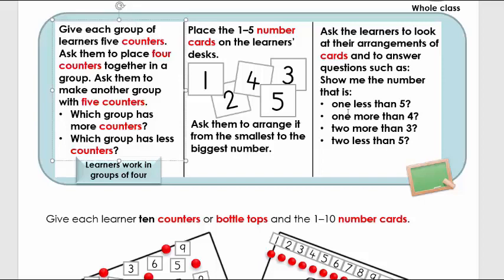So they will then point to the card 4. 1 more than 4 is 5. 2 more than 3 and 2 less than 5. So you can again pause the activity here. And then what you can do is you can ask them these questions or similar questions. Stay between the number range 1 to 5.